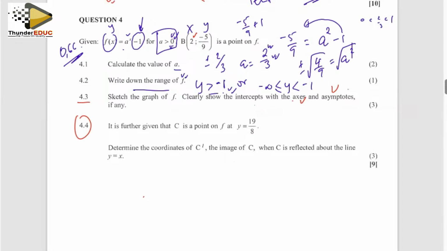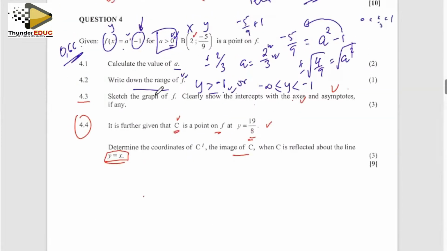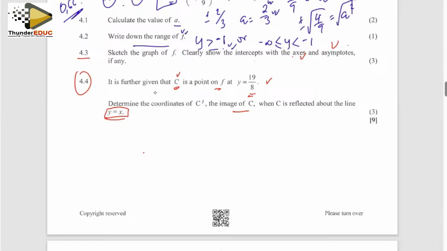Fair enough. Then if it's further given that there is a point C on F where the y is 19/8, they want us to get the coordinates of C prime, which is the image of C after it is reflected about y is equal to x. So this is more like the inverse of that original point. So what we can do, let's get the x value.